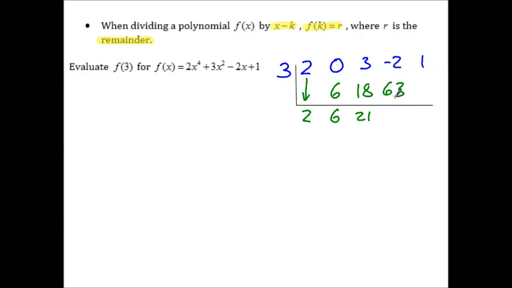Adding negative 2 and 63, we get 61. 3 times 61 is 183. 183 plus 1 is 184. Just as in our previous example, 184 is the remainder, and based on the remainder theorem, it's also the value of f of 3.